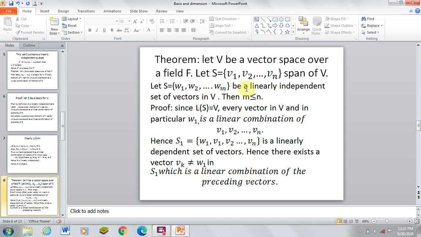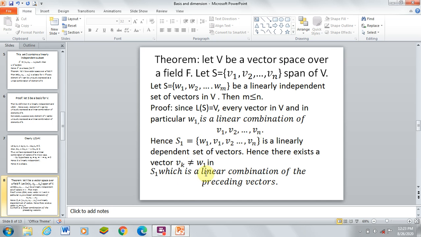Hence, inserting w1, the set S1 equal to w1, v1, v2, etc., vn is a linearly dependent set of vectors, since w1 is a linear combination of the others.